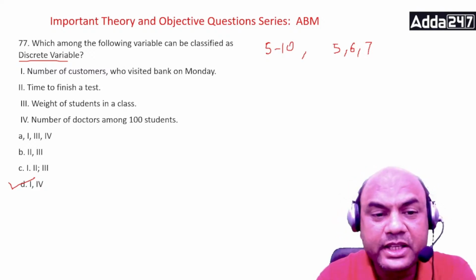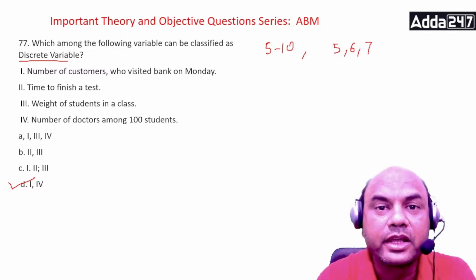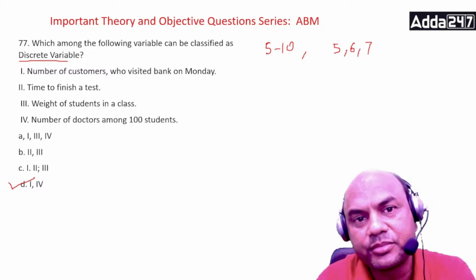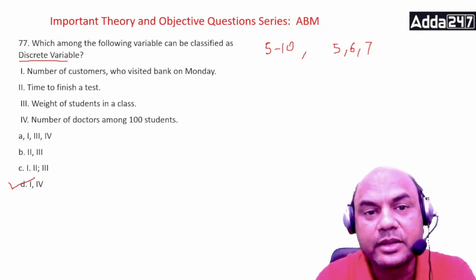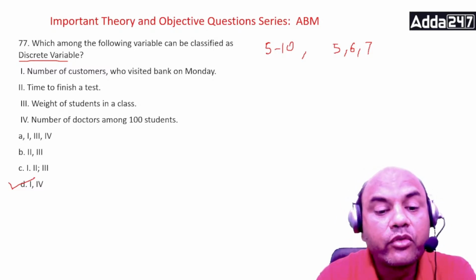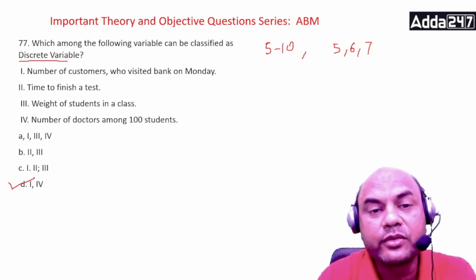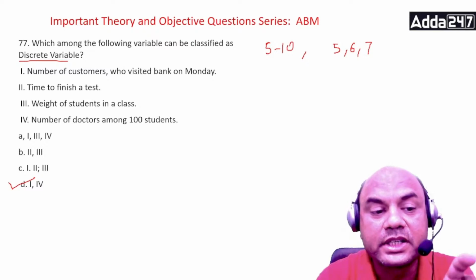Some examples of discrete variables are the number of customers who visit any aeroplane or any bank or any hotel. These can be counted, heads can be counted. Number of doctors, they can be counted. Weight of the students in the class: here it's not mentioned that it is for a single student.